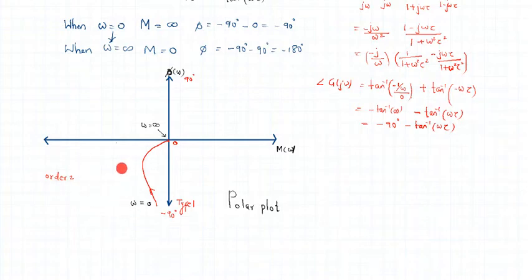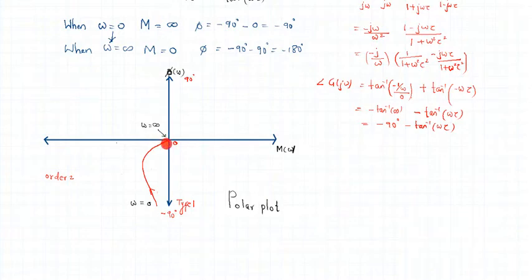So let us look at omega equal to 0. What is the magnitude? Infinity. So when we take omega 0, we understand that the magnitude is coming from an infinity value. And as we increase omega to a large value, say infinity, what happens to magnitude?